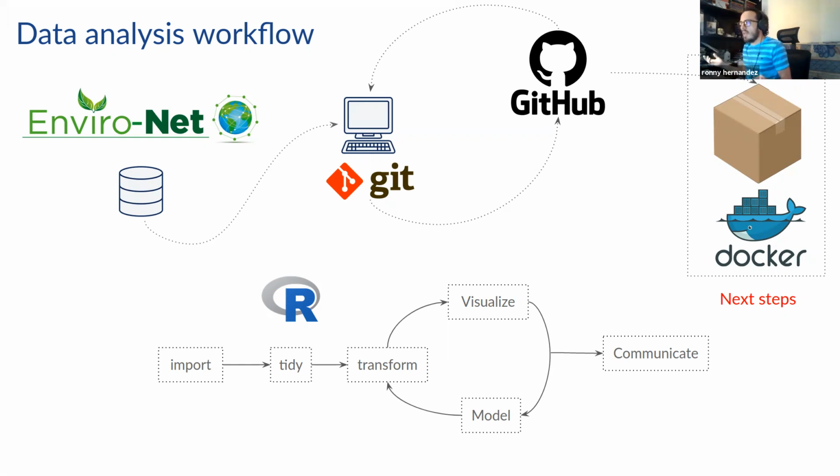At the end, we can have a data product. It can be for communication, like an HTML file. It can be a Shiny dashboard. It can be an API, an R package, or many things. But if we have this workflow, we can build many tools.